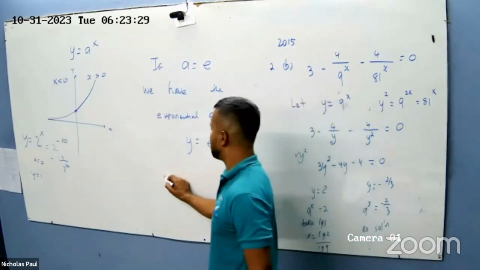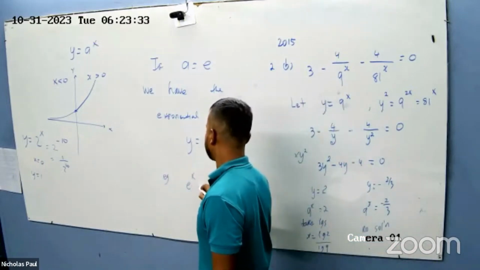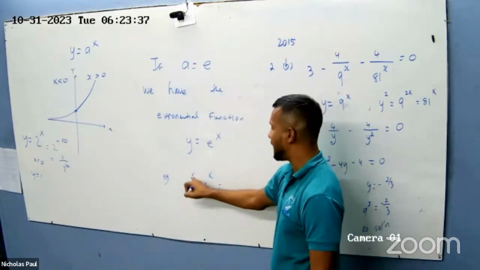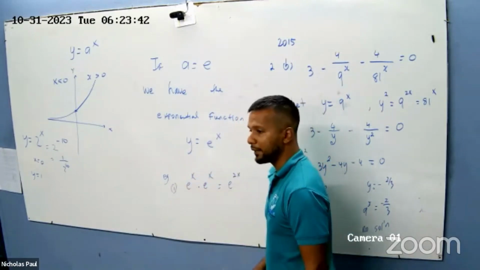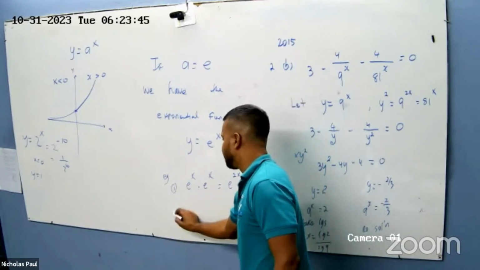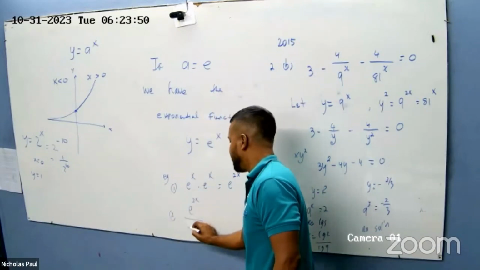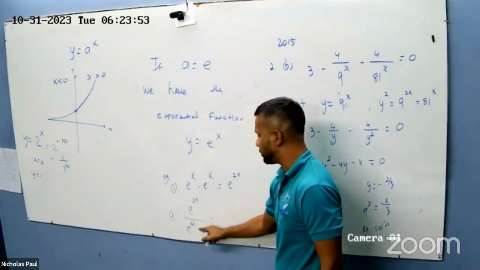So for example, if I give you e to the x multiplied by e to the x, same base, add the powers. Same rules apply. If I give you e to the 2x divided by e to the 3x, same base, so you subtract powers.